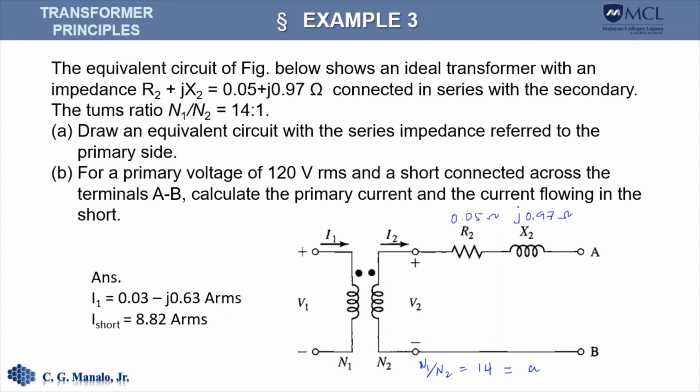Take note that the reactance is a consequence of the leakage flux that is present on the secondary winding when the transformer secondary is connected to a load and it draws a current.